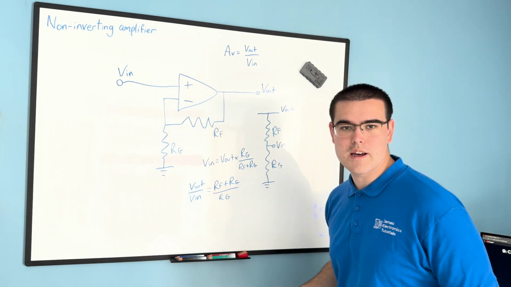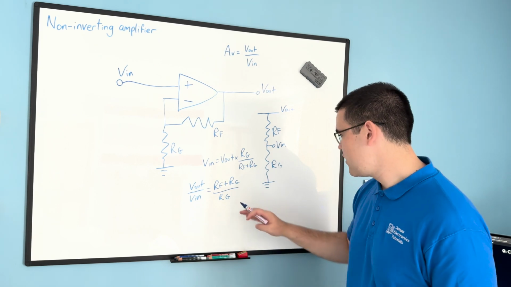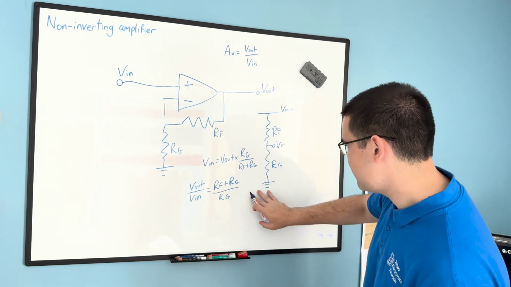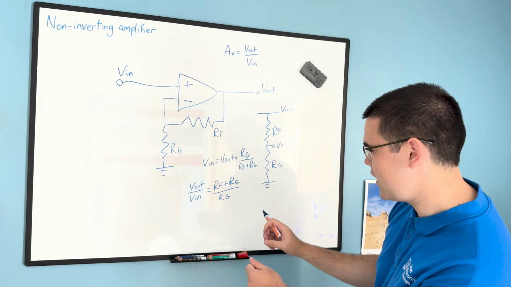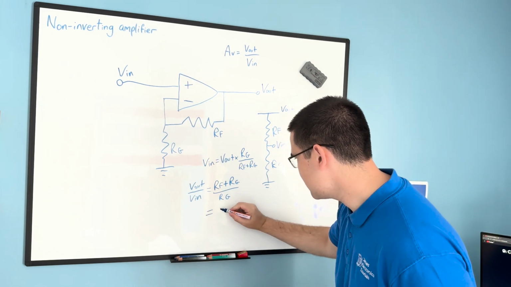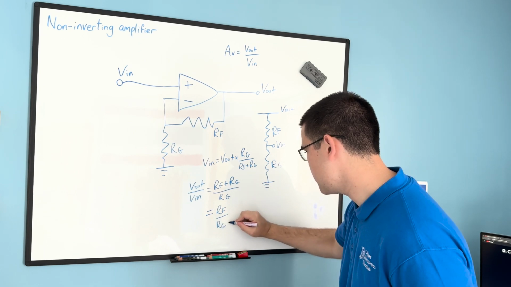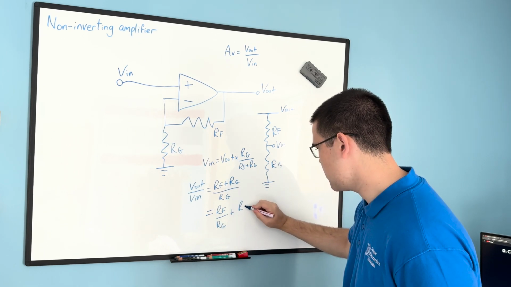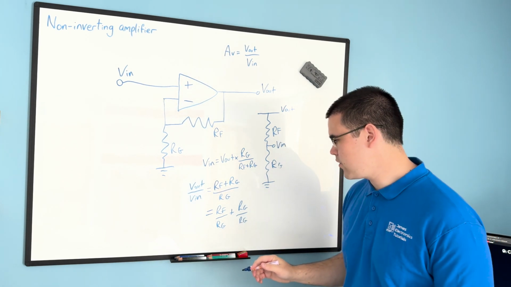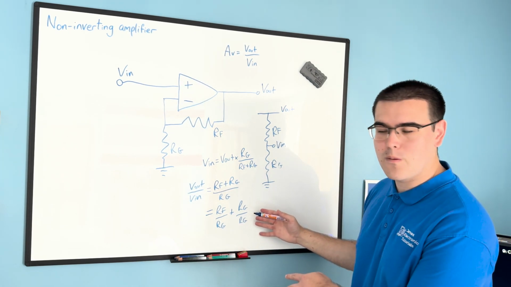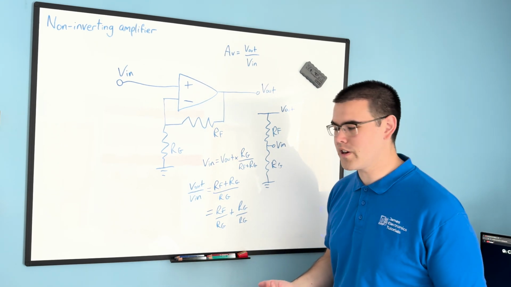Then we can simplify this a bit further to make it more general and simple. We can split this denominator like this. By taking a closer look at this part, we can see that RG over RG is just going to be 1 every time.